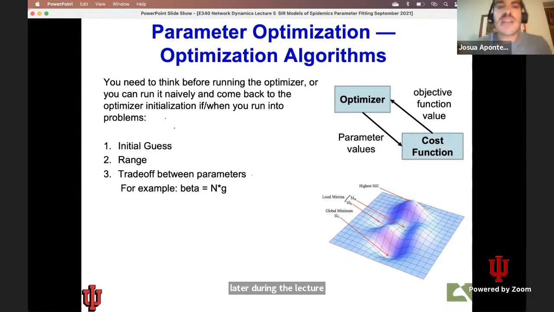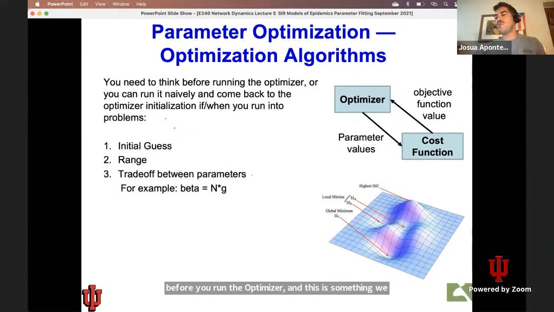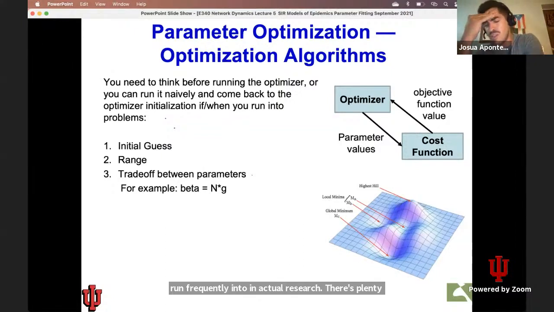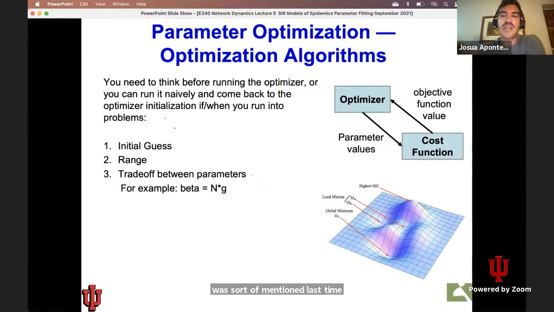Before you run the optimizer, and this is something we run into frequently in actual research, there are plenty of problems that you can run into when running this optimizer. Some are more obvious, some of them are a little bit more subtle. That's why James mentioned last time that optimization is a mix of science and art.